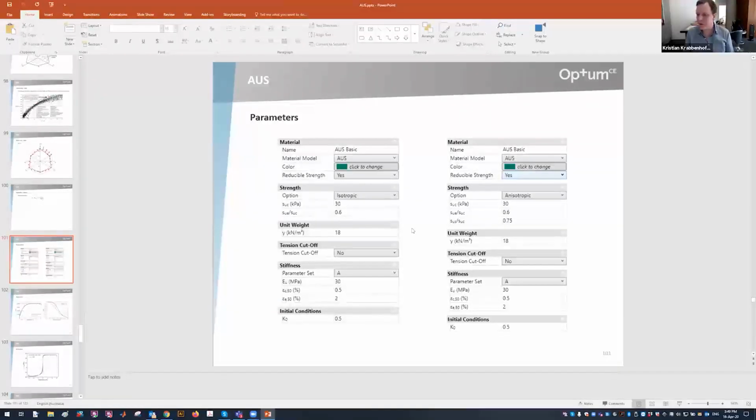We know that there is always probably a bit of anisotropy, but most of the time for whatever material we're looking at, we assume that it's more or less isotropic. Then this is the model I would use.